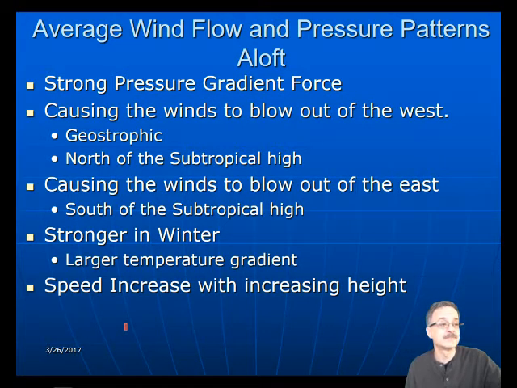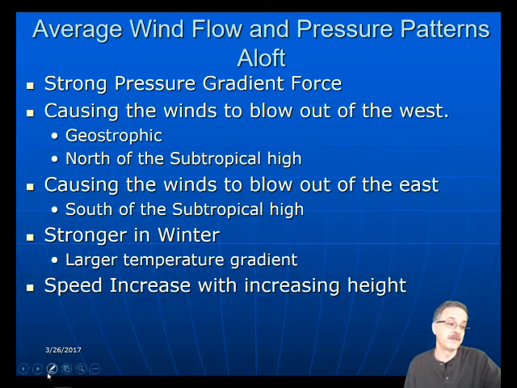And then you also have winds that blow out of the east, and these occur south of our subtropical highs. These winds are usually stronger in the winter because there's a larger temperature gradient, and speeds increase with increasing height.